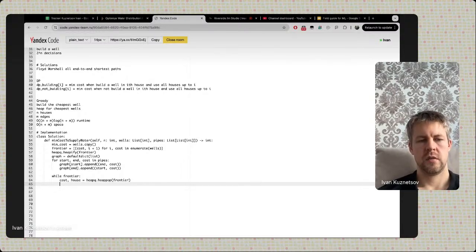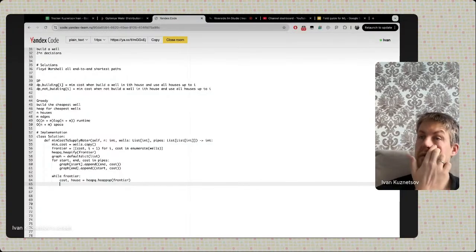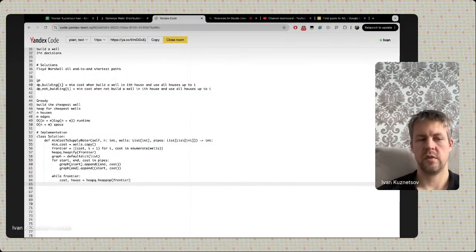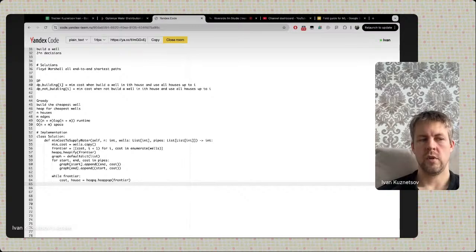Then let's write it in such a way that we don't need to do anything at this point. We already have defined it as a minimal cost at this point.